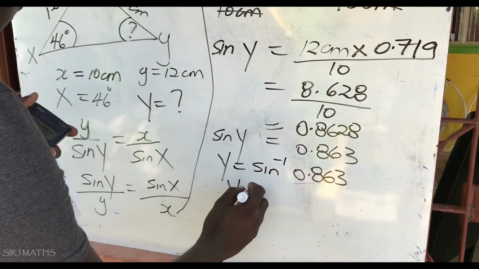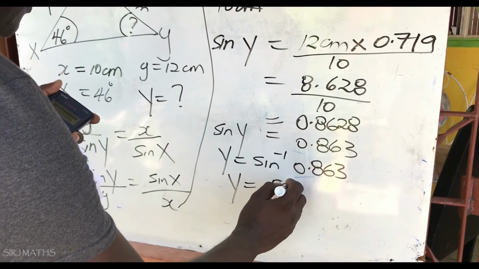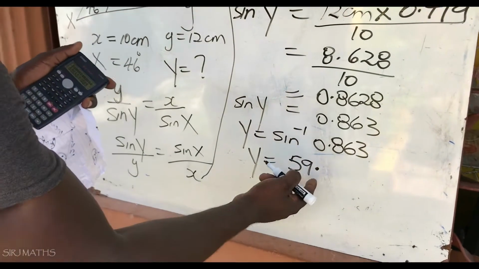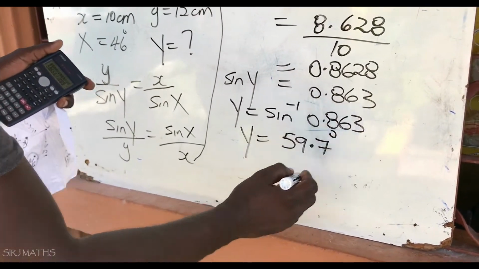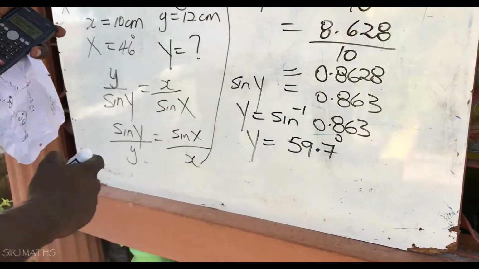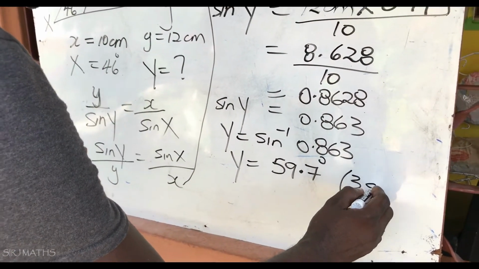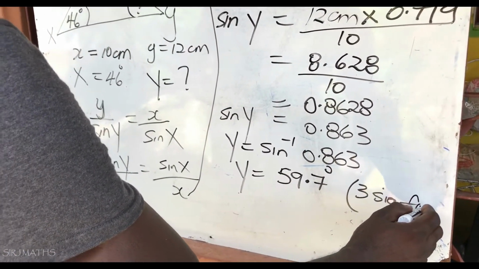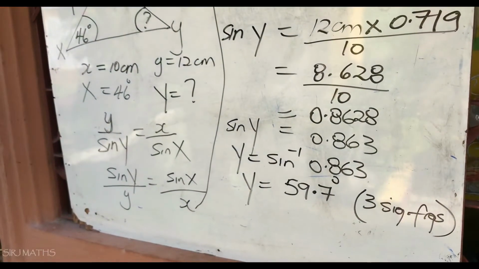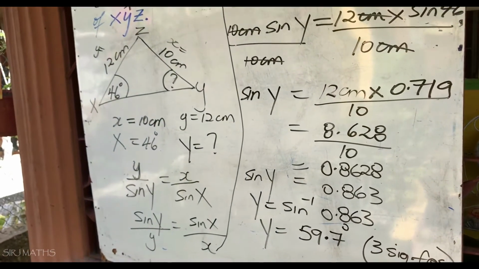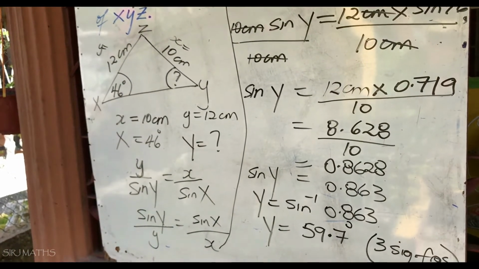And so we access the sine inverse on our calculator and then type in 0.863, then equals, and what we get here is that y equals 59.655, which works out to be about 59.7 degrees, correct to 3 significant figures or 1 decimal place. So the angle is 59.7 degrees right here.